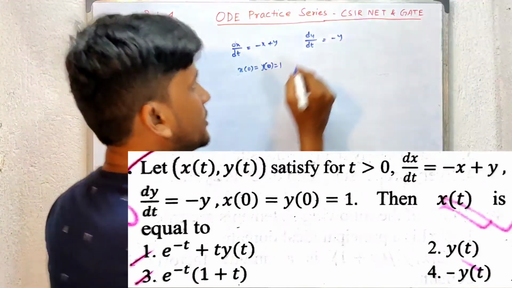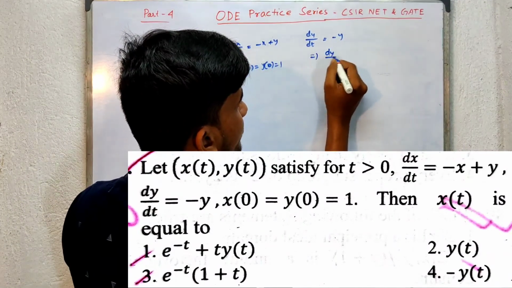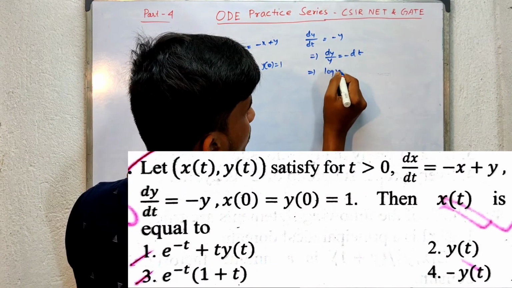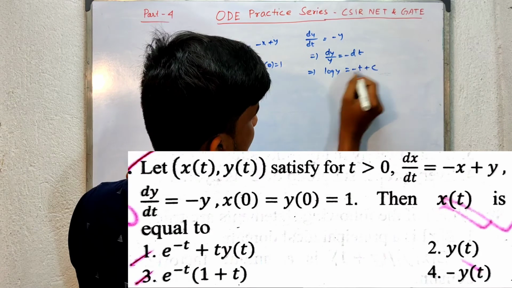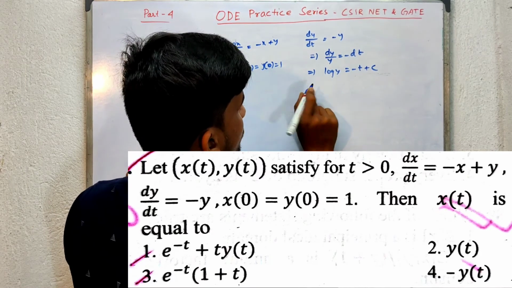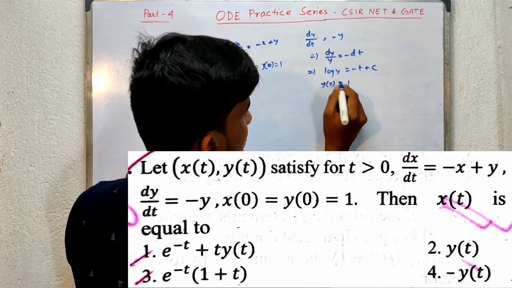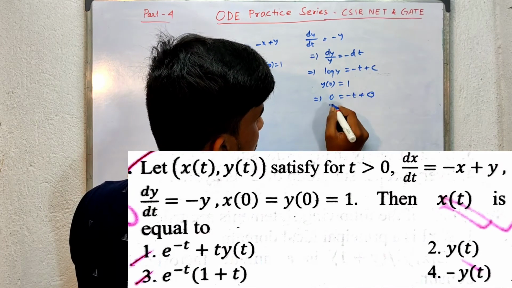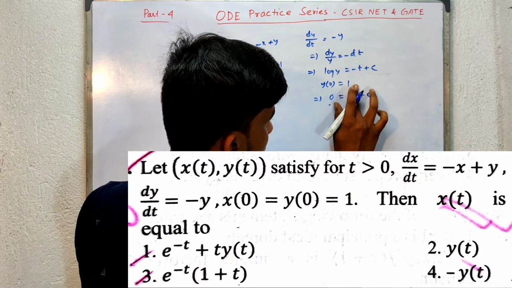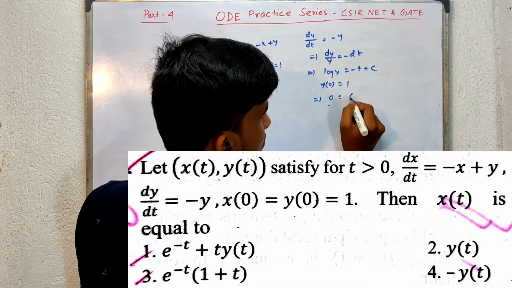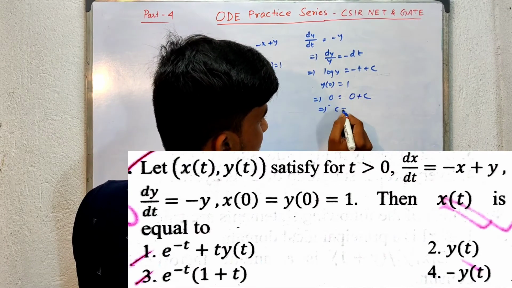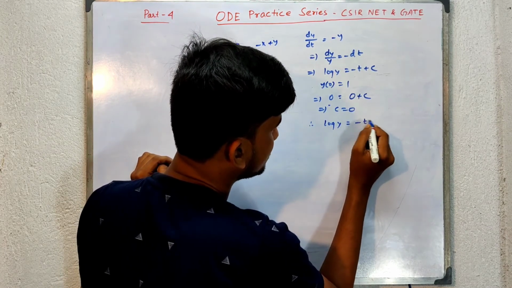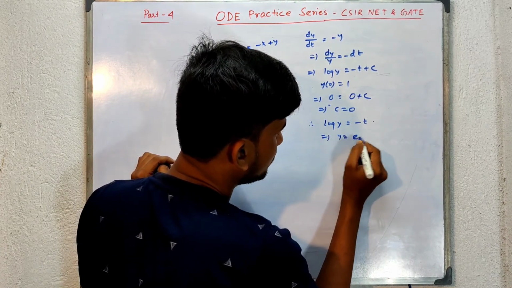So dy/y = -dt. This implies log y = -t + c, and if we apply y(0) = 1, then log 1 = 0 = 0 + c, so c = 0. That is, log y = -t, which means y = e^(-t).